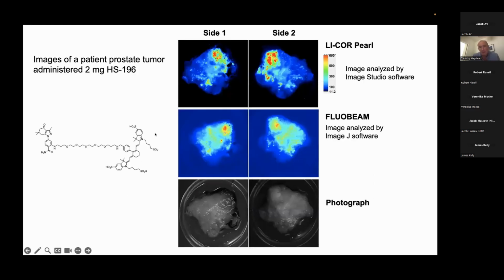This did progress to a clinical trial in men who were slated for prostatectomy. This group of individuals were known to be PSMA negative, and with a variety of cell-based studies we had decided that this probe would recognize those cells that form prostate cancer.